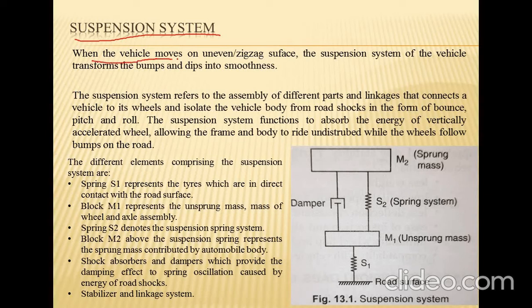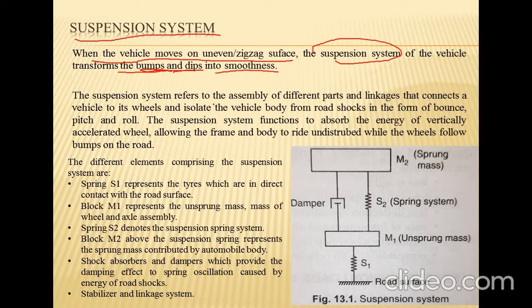When the vehicle moves on an uneven or zigzag surface, the suspension system transforms that uneven part, bumps and dips, into smoothness, so that the driver or the occupants inside the vehicle do not feel that amount of vibration which is caused by the interaction of the movement of the vehicle and the uneven or zigzag road.